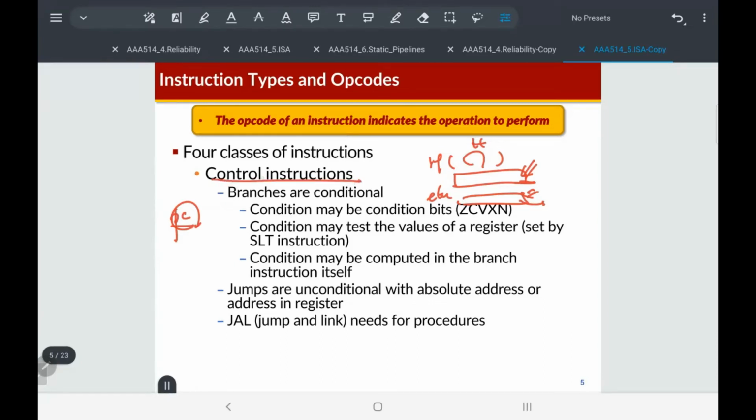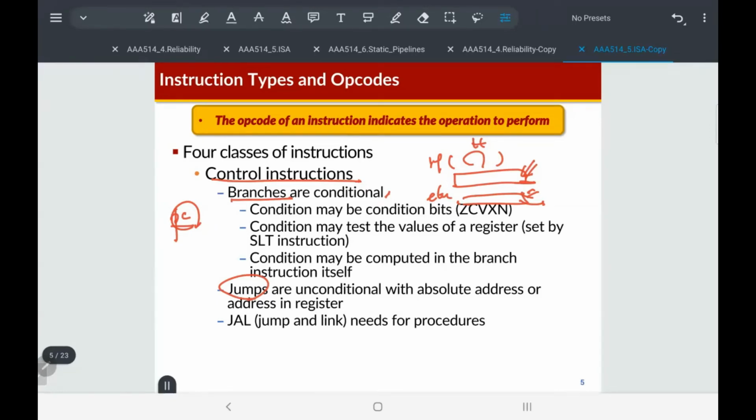Usually we use the branch or jump instructions for these control instructions. The branches are conditional, which means the result of the branch is determined by some conditions. For example, we can check the equality of two registers.